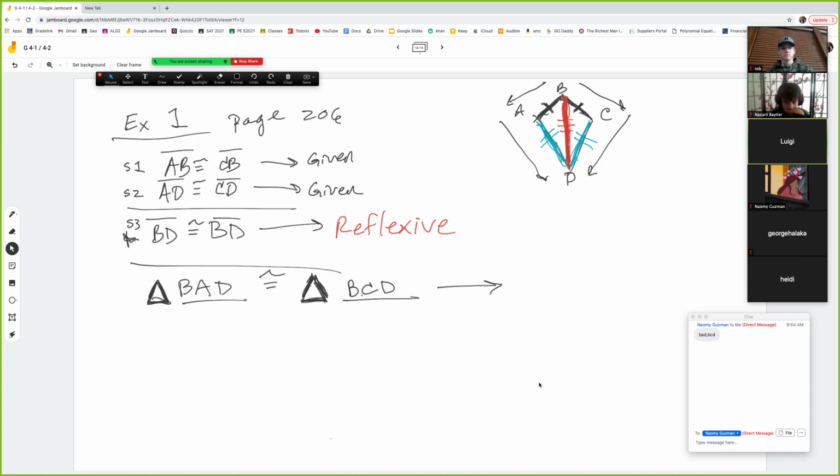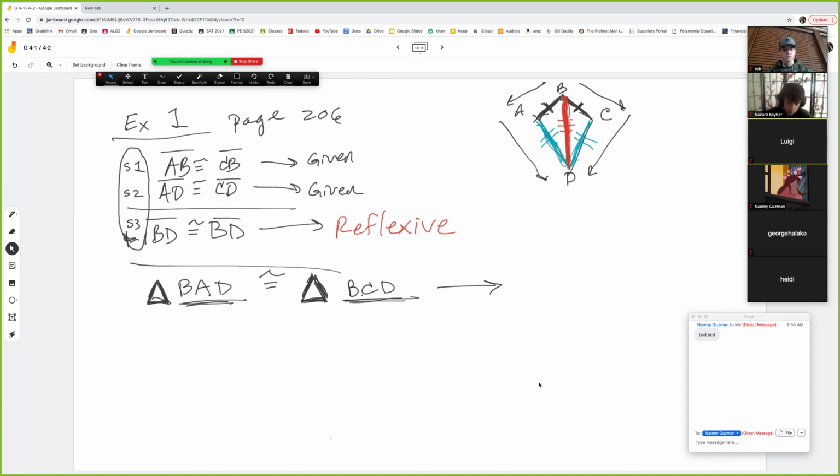Heidi, what is the reasoning as to why we can say triangle BAD is congruent to triangle BCD? Given that we just showed that we have three sides that are congruent, what is the tool that we can use to now say that the two triangles are congruent?